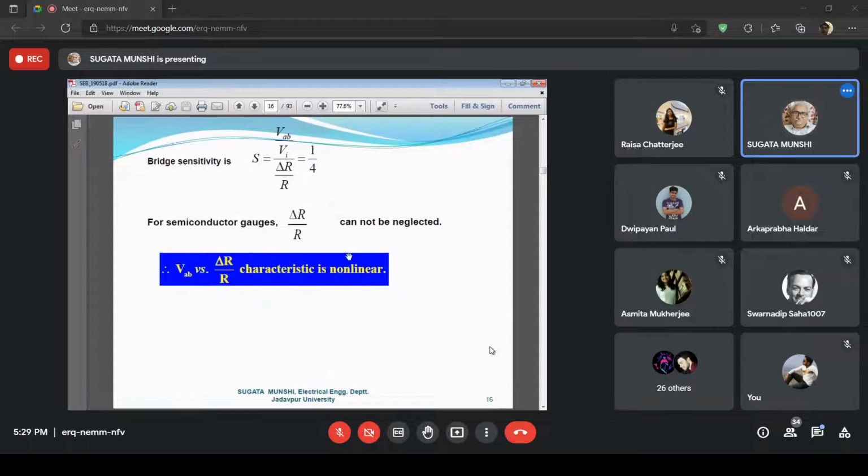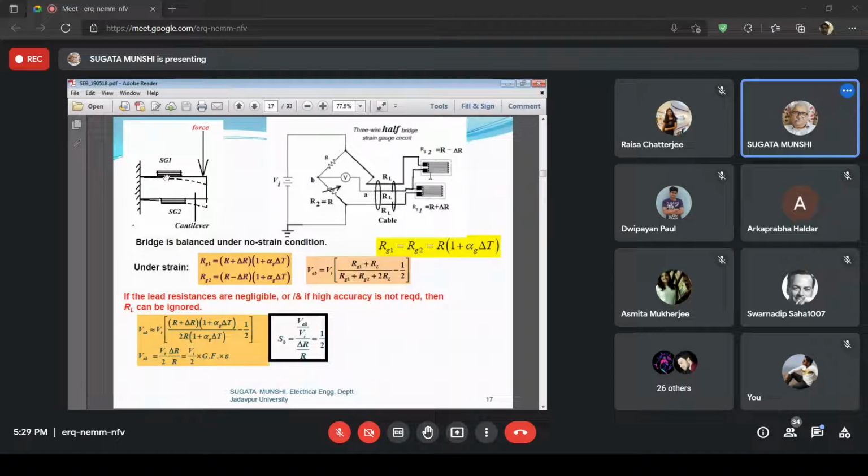I have introduced here two strain gauges, one on the top surface, another on the bottom surface. Some force is applied. So here two identical strain gauges, SG1 and SG2, are applied on the top surface and the bottom surface.